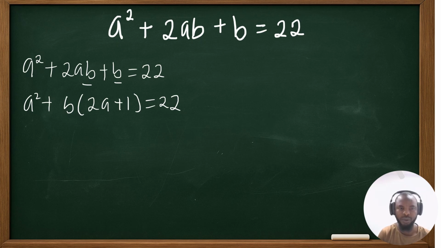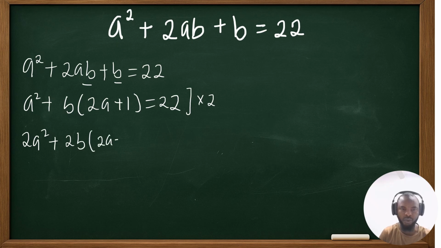The next thing to do here is to multiply this given equation by 2. If you do that, you're going to have 2a squared plus 2b into parentheses 2a plus 1 equals 44.